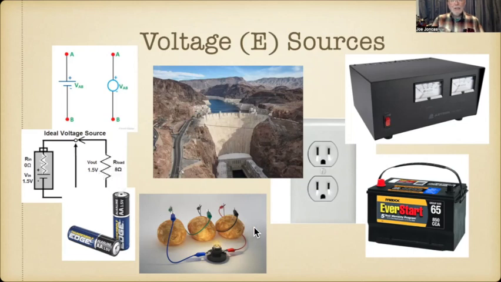And then there's this battery here. Potato batteries: you take dissimilar metals and stuff them into the potato and you end up with enough to, see that little light there lit up? So you can have all kinds of voltage sources.